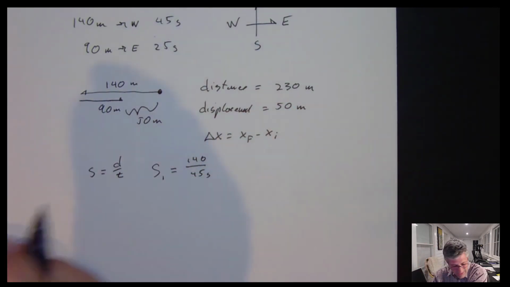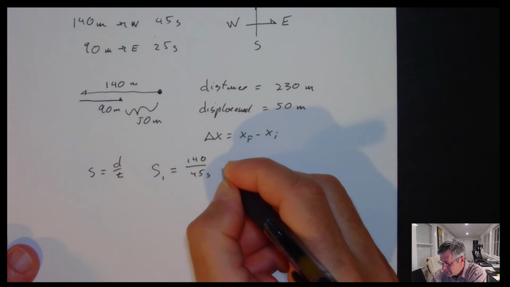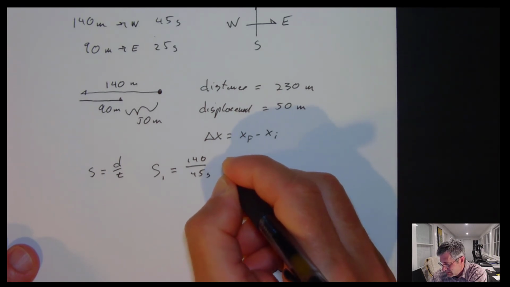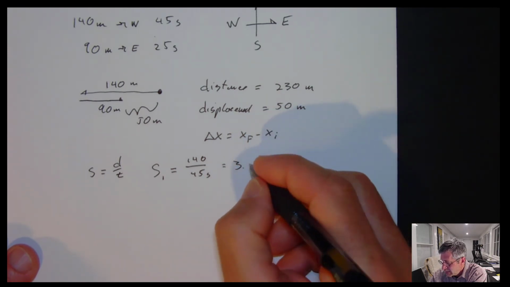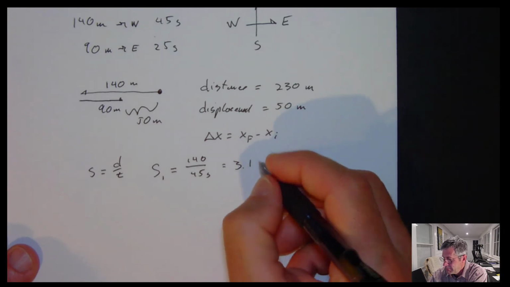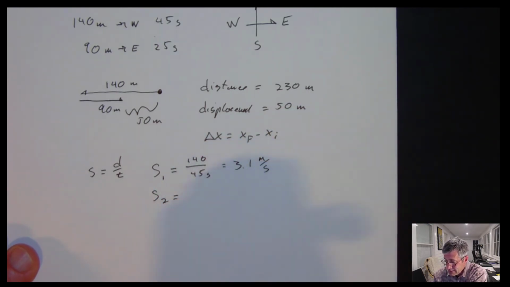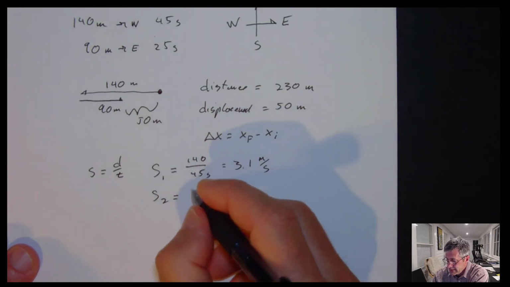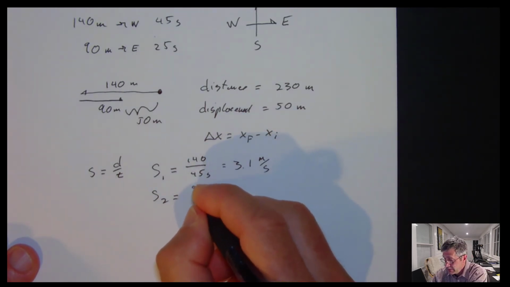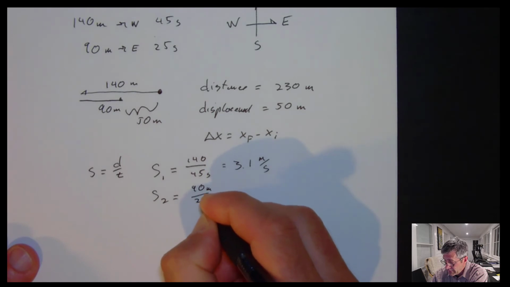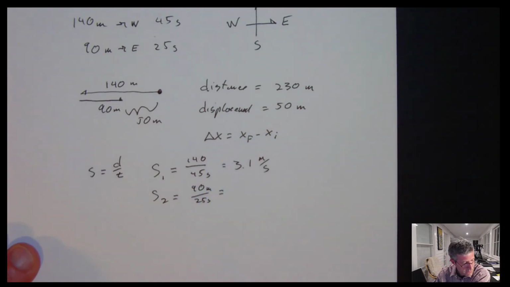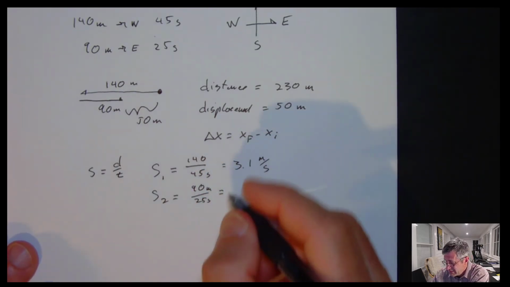So what's that? It's going to be like 3 point something. 3.1 meters per second. Speed during the second leg is going to be the distance it traveled in the second leg, which is 90 meters in 25 seconds, which is what, 3.5, 3.7?